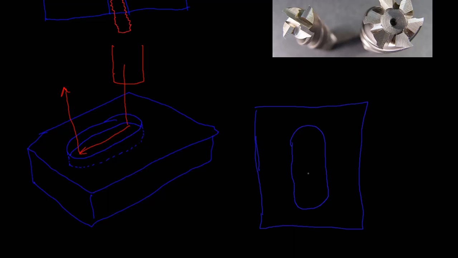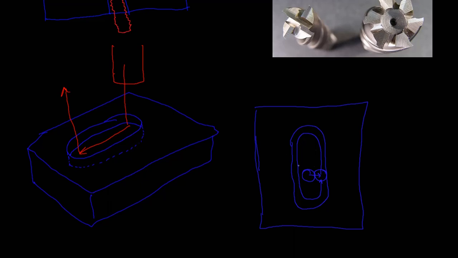So you could come down with a smaller end mill, come across and leave one radius away from the edge, and then continue all the way around to make that edge. And that will produce a much cleaner and a much more accurate pocket if you do this method.